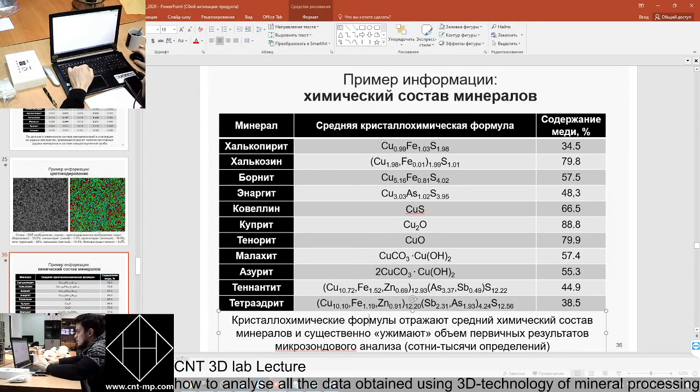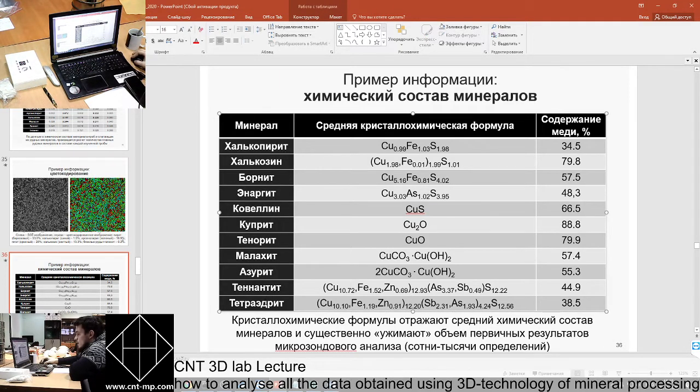Oh, how much we can analyze how much mineral various mineral resources can contain. I mean, for example, there are 12 mineral species of copper, and we know in each mineral species how much copper they contain.